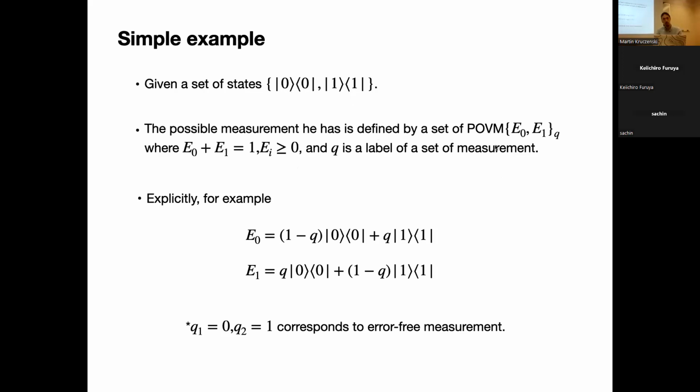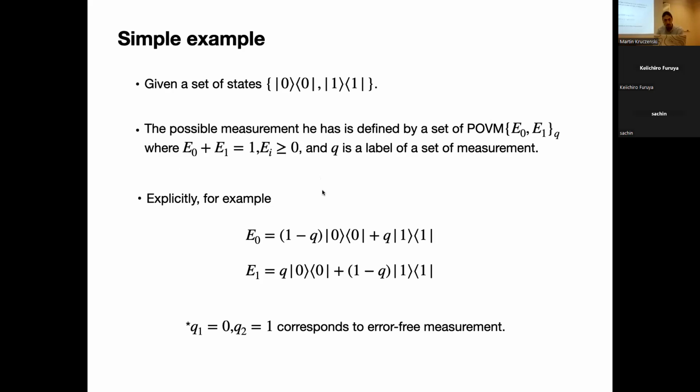This is more like a measurement that can include some errors. POVM stands for positive operator valued measure. So this is like a projection, but not really. E0 and E1 add up to the identity, but E0 and E1 are positive operators.